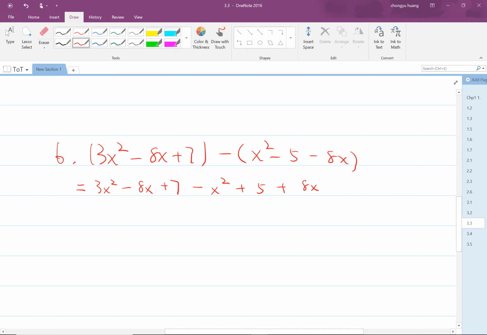Okay, so we can see over here we have a 3x squared, and then we have a negative x squared. So 3x squared minus x squared just becomes 2x squared, right?